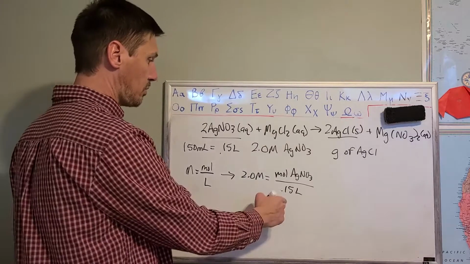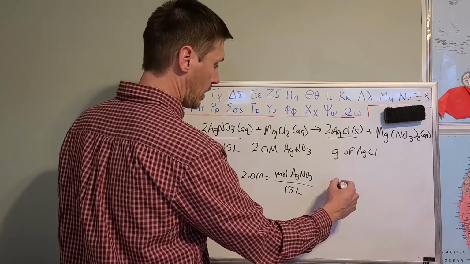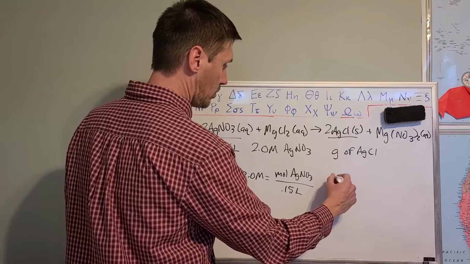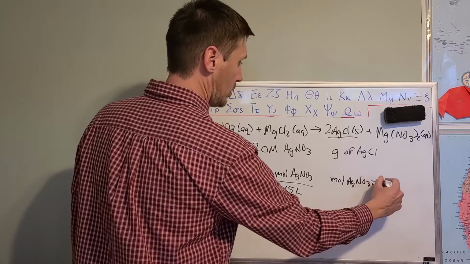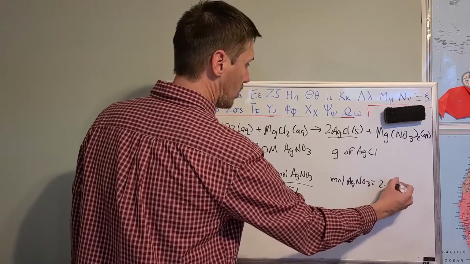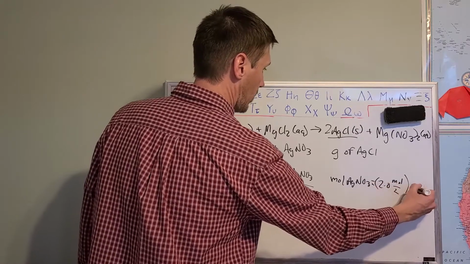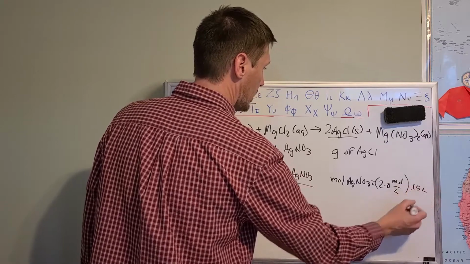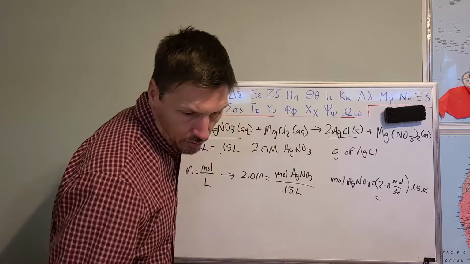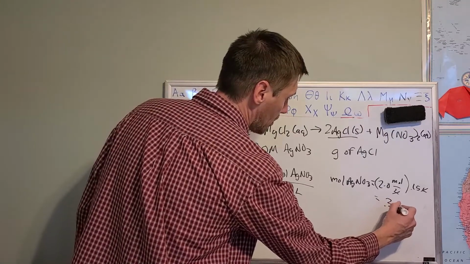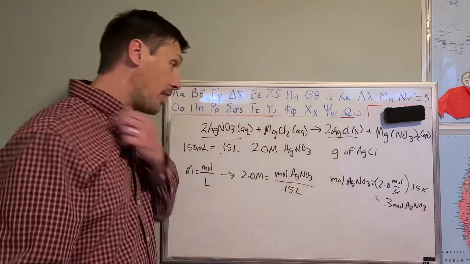So we basically multiply 0.15 times 2.0 molarity, and we're left with the moles of AgNO3. Remember, molarity is moles per liter, multiplied times 0.15 liters. So our liters cancel out here, and we're left with 0.3 moles of AgNO3.